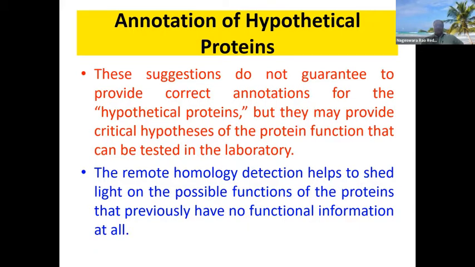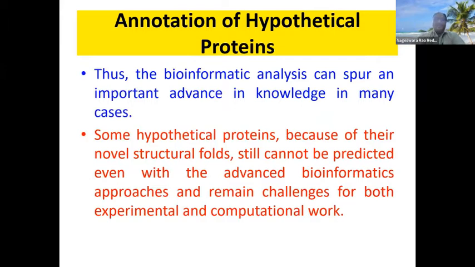So this remote homology detection helps us to shed light on the possible functions of the proteins that previously have no functional information at all. Previously we don't have any functional information, but now by doing this homology search at remote and domain and motif search, and then structural approaches like threading and fold recognition, then subcellular localization or protein-protein interaction, all this will give us the information.